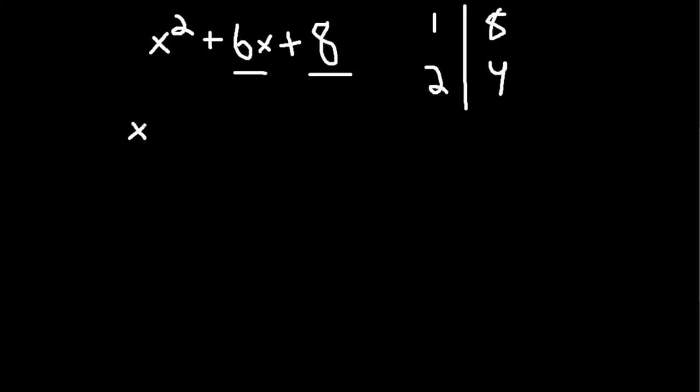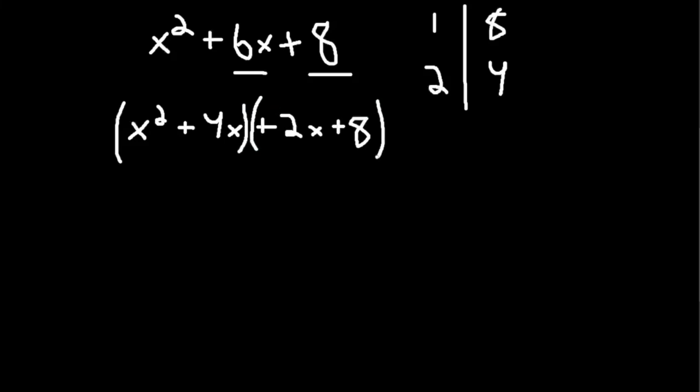So what you want to do is rewrite it as x squared plus either 4x or 2x. It doesn't really matter which one comes first. Plus 2x plus 8. Obviously these equations, this one and the one right above, are equivalent. All we did was break up the 6x into a 4x and 2x. So we kind of made two separate parts of the equation. We have an x squared plus a 4x in one part, and then a positive 2x plus 8 in the other part.